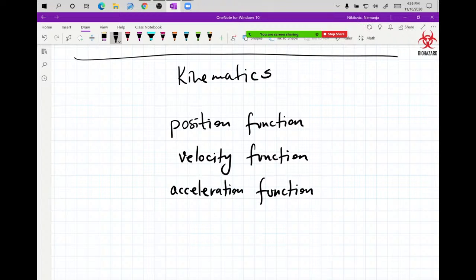As you take derivatives with respect to time, you differentiate position and get the change in position, which is velocity, and then you differentiate velocity and you get acceleration, which is change in velocity. So now I hope you can understand how this goes, with the word change and the derivative.